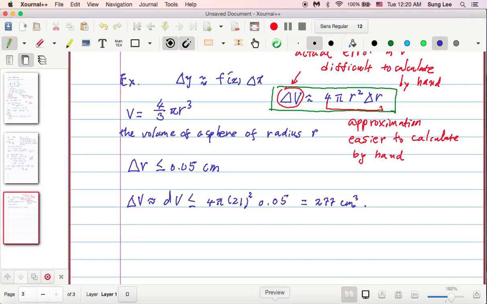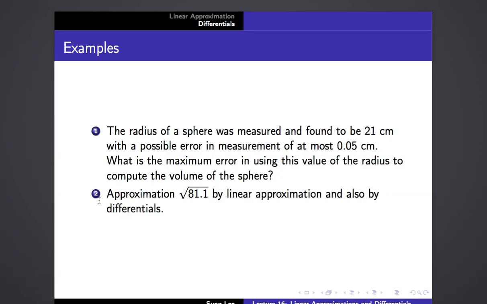So let's move on to the next example. We want to approximate the square root of 81.1 by two separate methods: first by linear approximation and also by differentials.